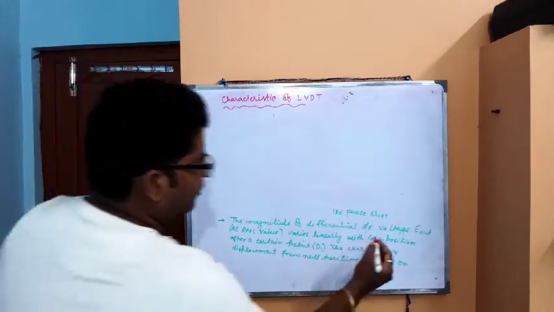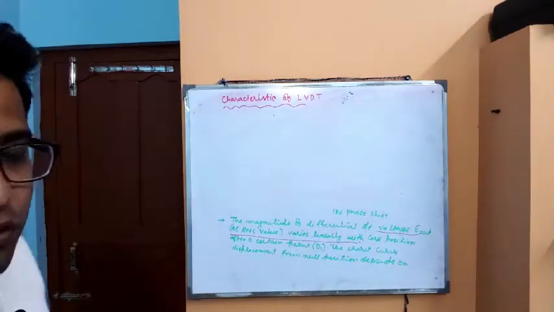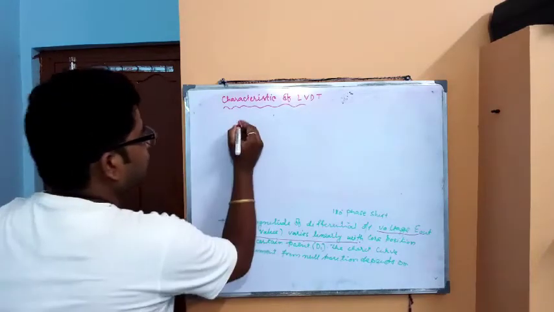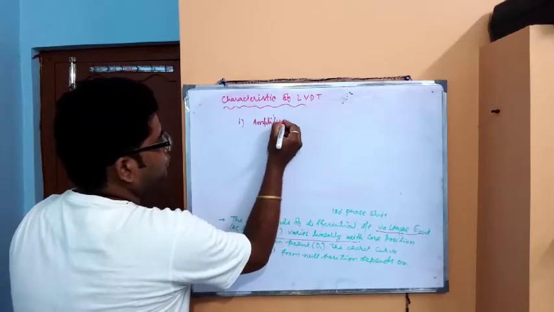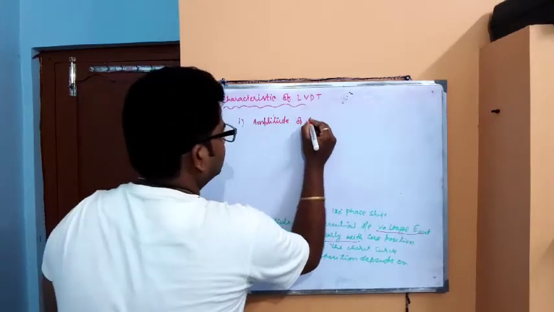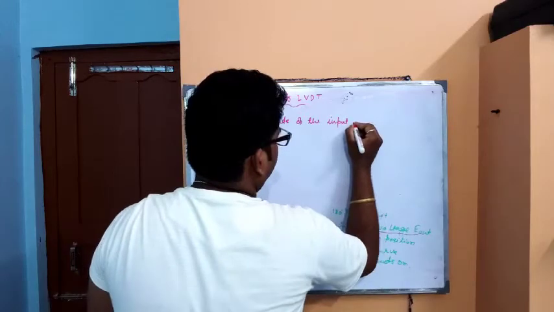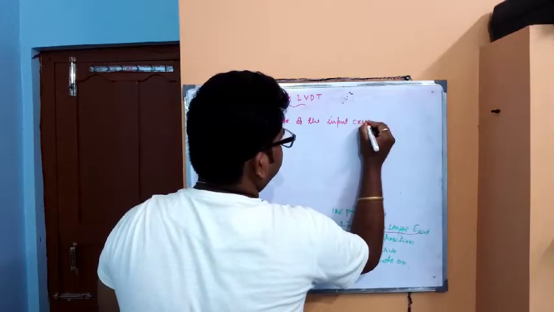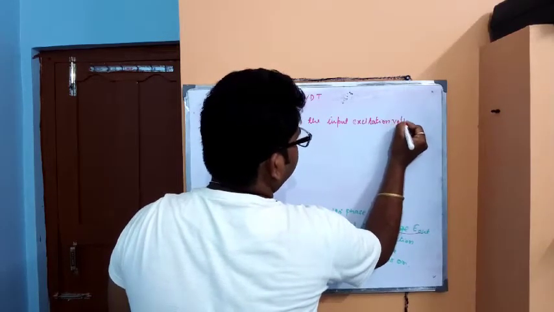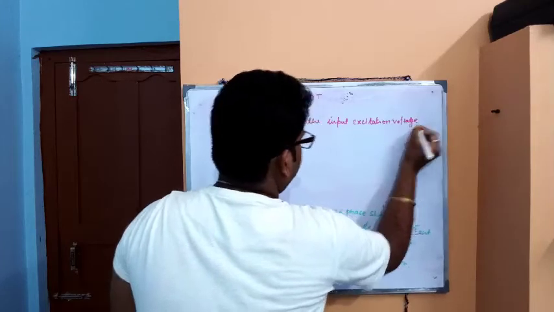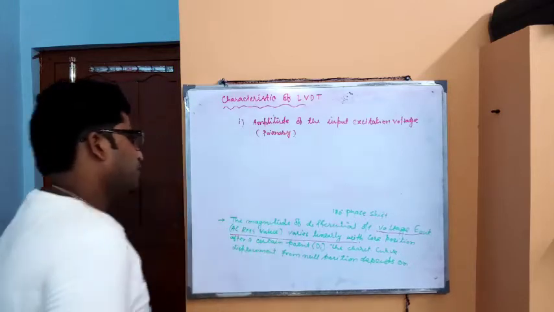Okay, so the movement or variation of the output voltage linearly with the core position depends upon the first thing, that is the amplitude of the input excitation voltage, or simply we can say the primary excitation, we are providing input to the primary of LVDT.